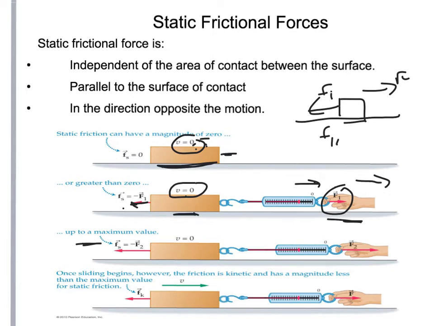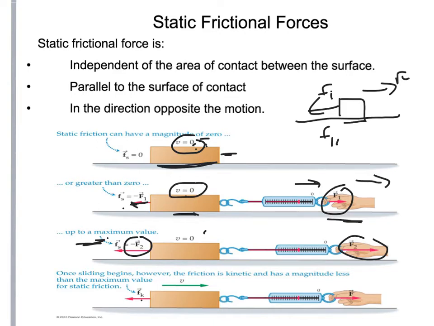But then when you get up to the maximum value, right at that max, you're still at a zero velocity, but you can see the force got bigger right here. These forces got bigger. But once you exceed that maximum, once the object is sliding, friction's now kinetic. Just as soon as you exceed that max, F sub S turns to F sub K, and kinetic friction takes over.